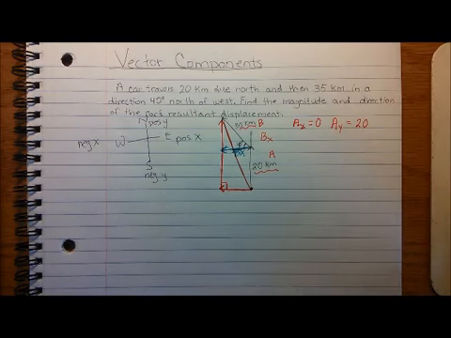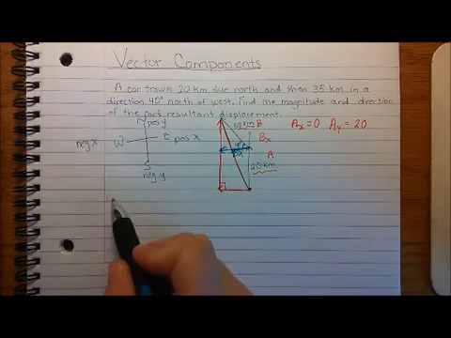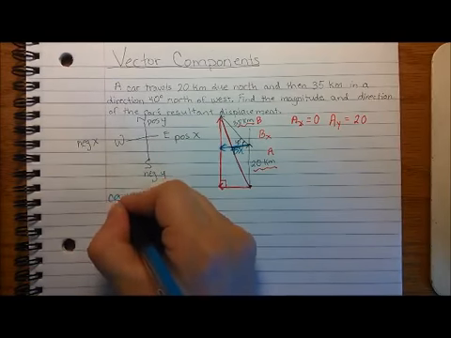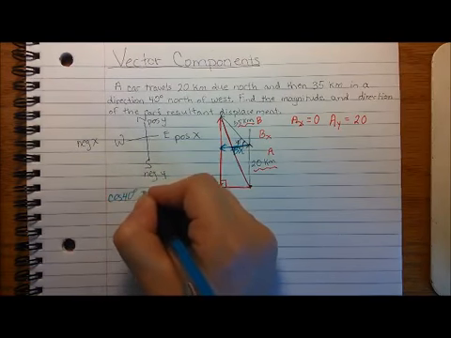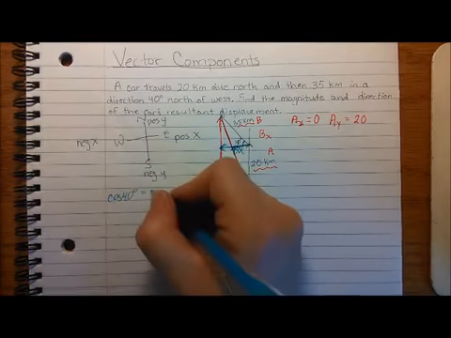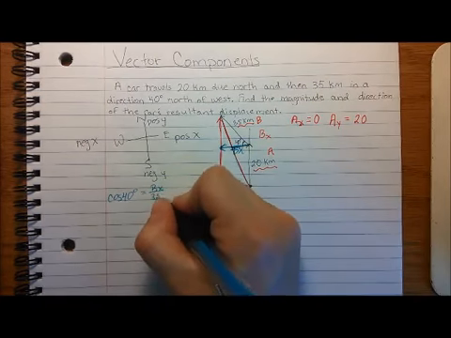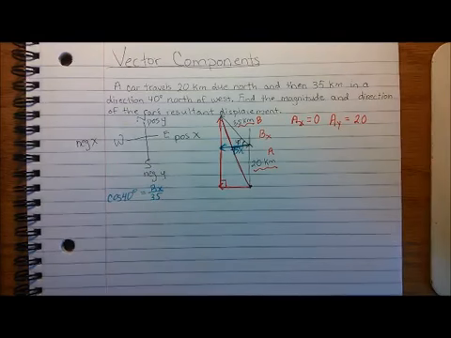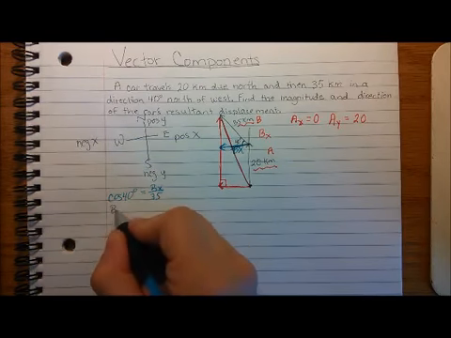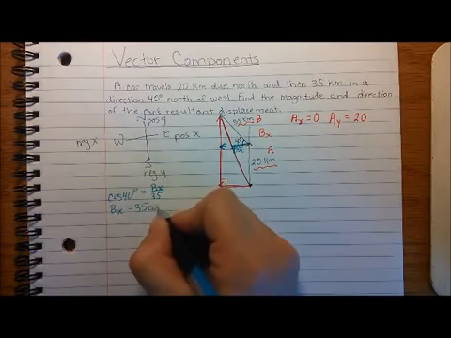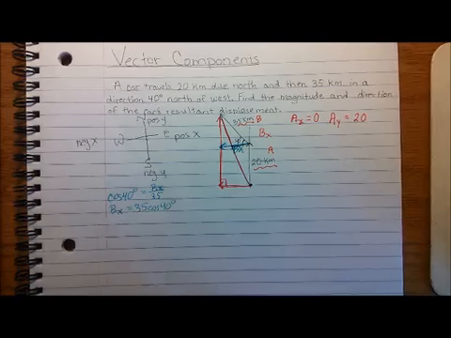So we come up with this expression. I'm going to write it over here in blue, that the cosine of 40 degrees is going to equal Bx over 35, that 35 being the hypotenuse. Then we can just solve this for Bx, and we come up with Bx equals 35 cosine 40 degrees.